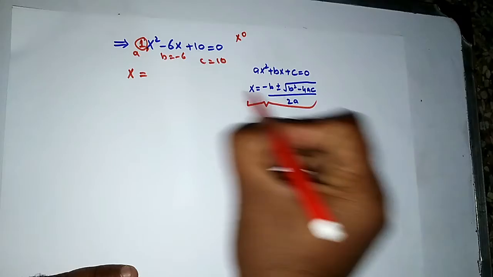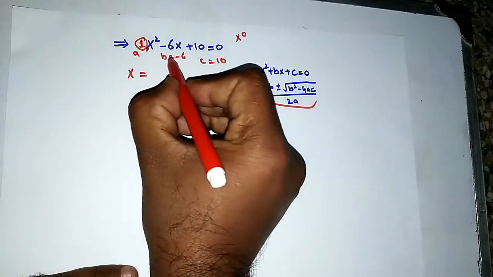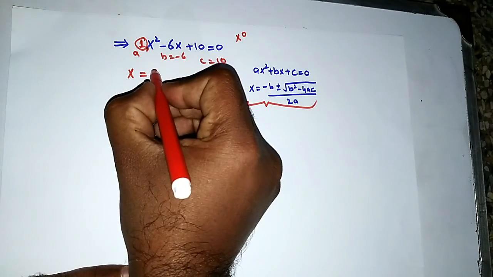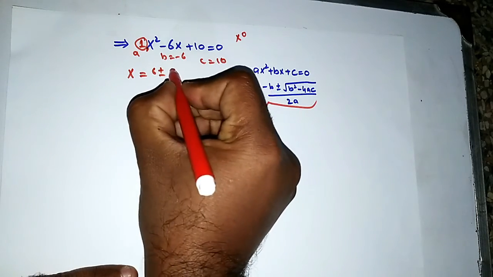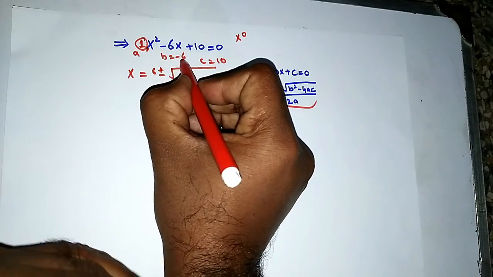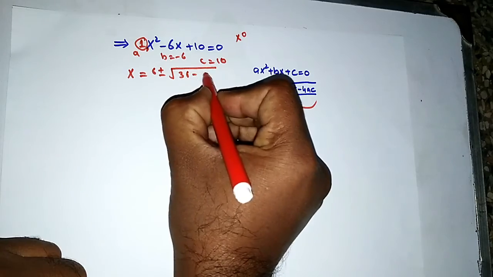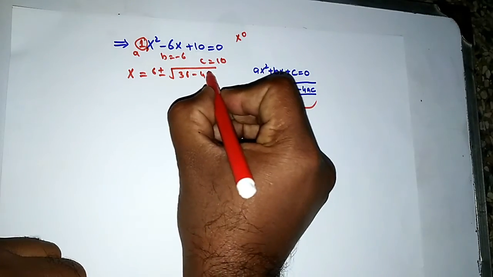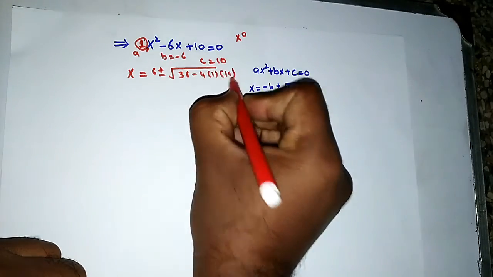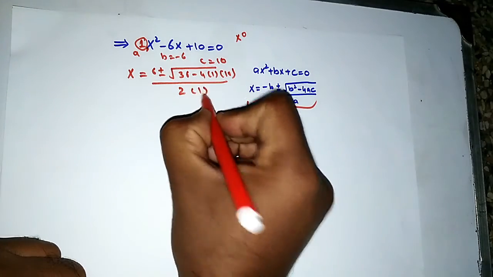So apply these values in the quadratic formula and we will see that minus b is 6, plus minus square root of b square. b is minus 6 and the square of minus 6 is equal to 36, minus 4, a is 1 and c is 10, divided by 2a, and a is 1.